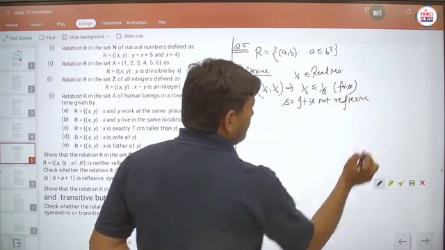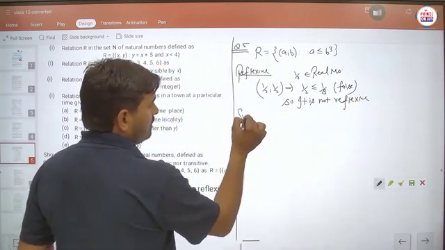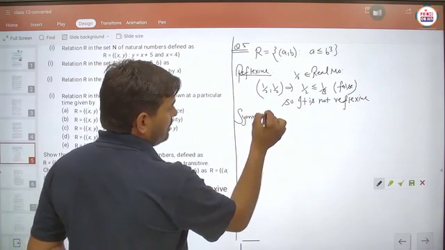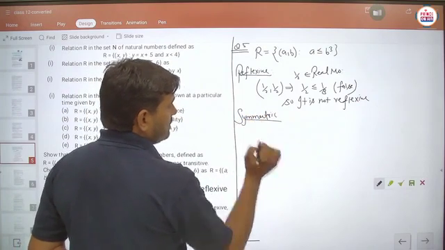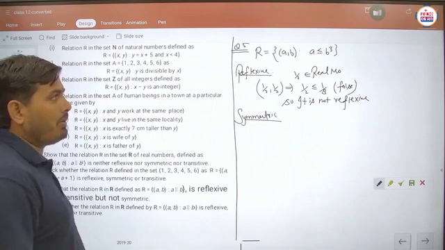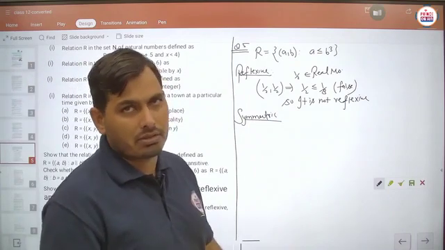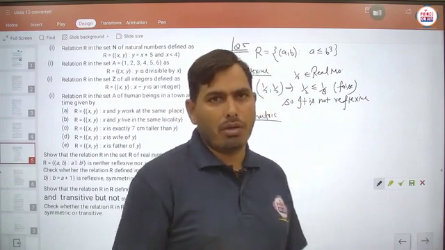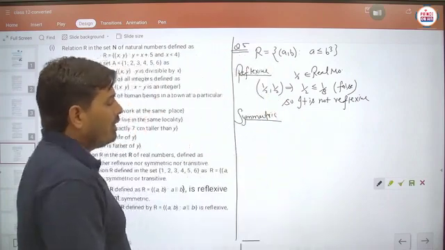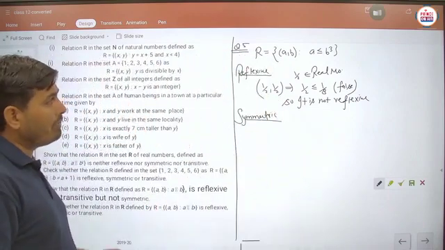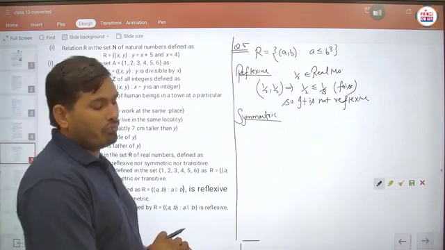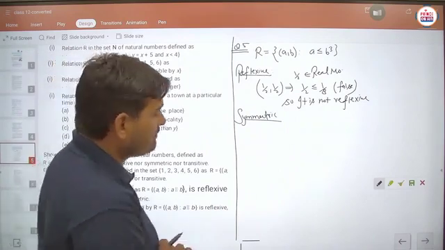The next part we are taking is the symmetric nature. So for the symmetric part, students, we are just assuming two numbers. Suppose we take the two numbers as 1 and 2.